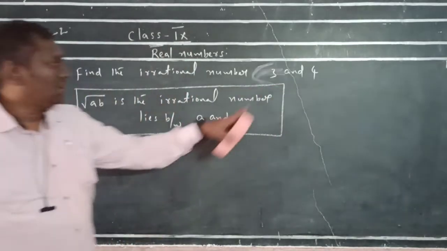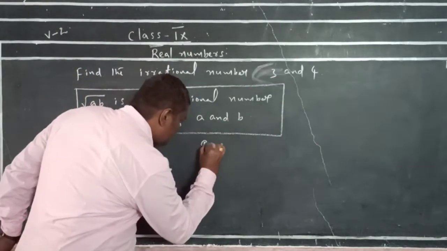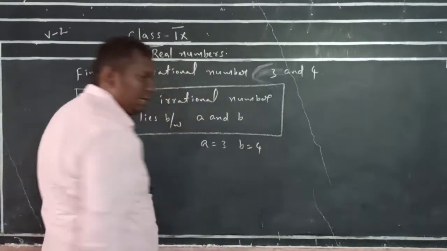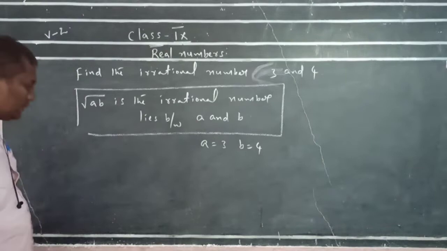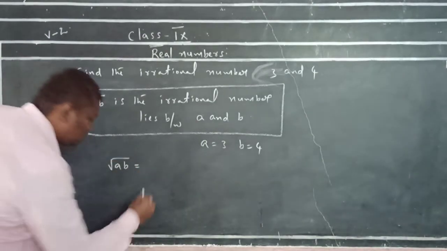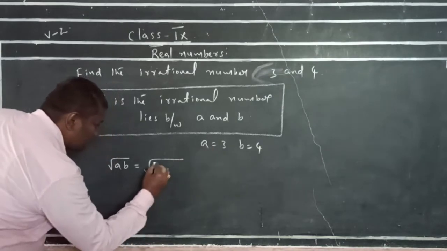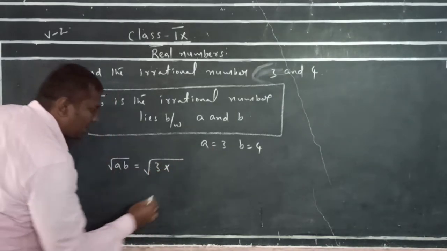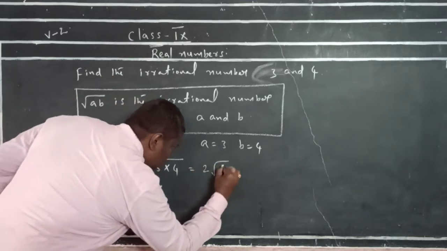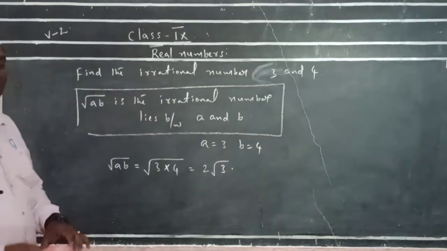Already given, the a value is 3 and the b value is 4. You can apply the formula root ab. What is the a value? 3. The b value is 4. Simply I have to write root 12, that is 2 root 3. Okay, understand?